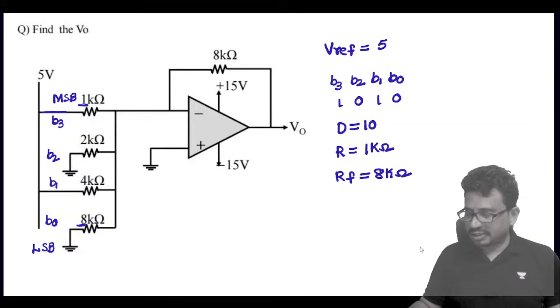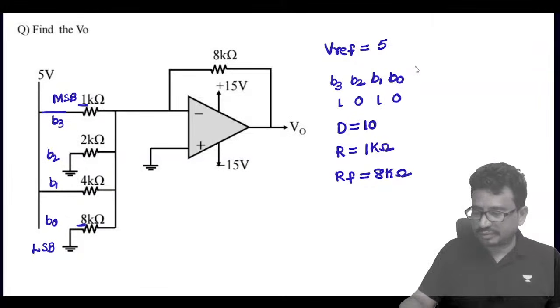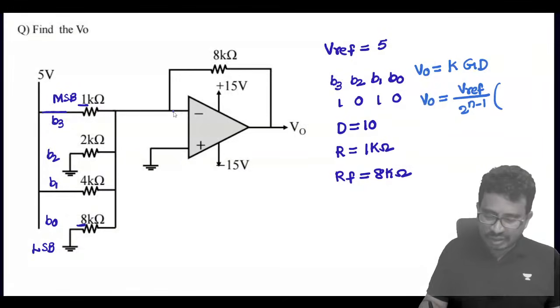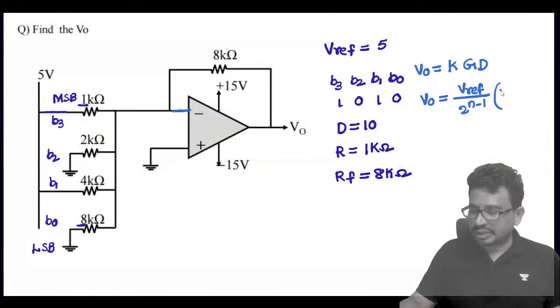Then how much is the V0 value, tell me now. V0 is equal to K into G into D. So that is V0 equal to V reference by 2 power n minus 1 into G, as it is an inverting amplifier, so that is minus RF by R, into D, the decimal equivalent.